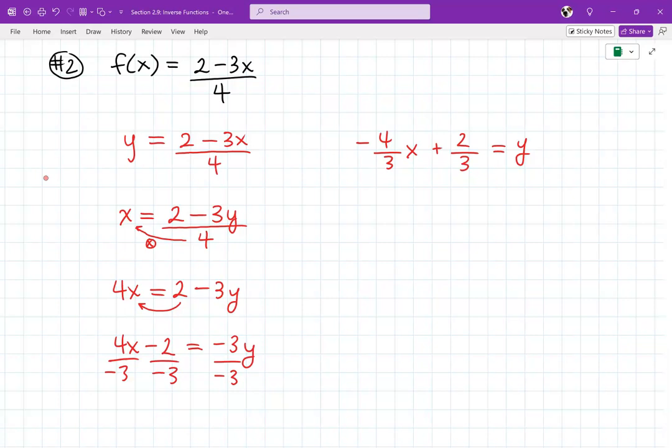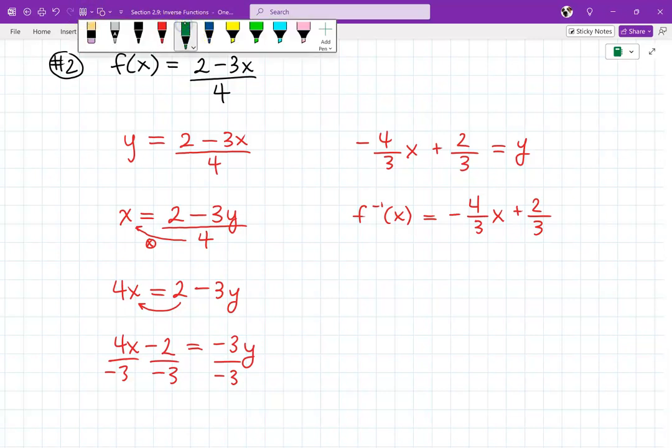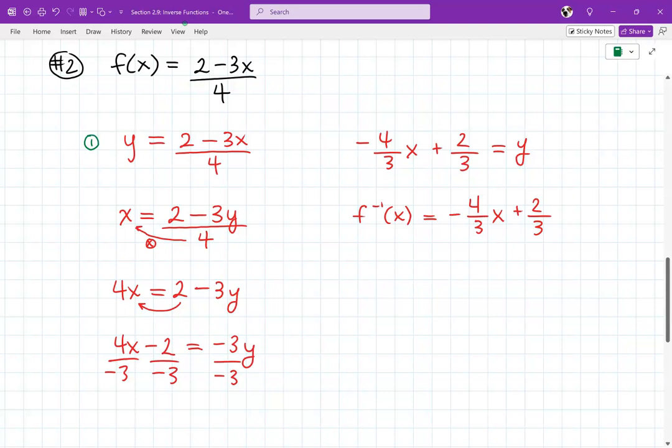Step 4, rewrite y as f inverse of x. So f inverse of x is equal to negative 4/3 x plus 2/3. I'll number the steps if you want. This was step 1, this was step 2, and all of this up to here was step 3.